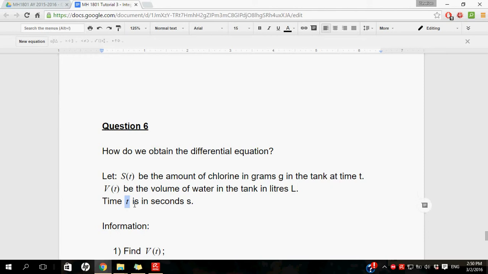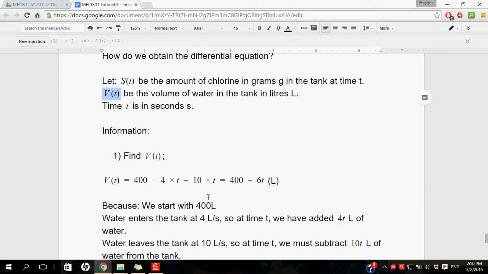So we have t and two variables which depend on t: S, the amount of chlorine in grams, and V, the volume of water in liters. Let us look at the information that the question gives us. How can we find a formula for V of t?